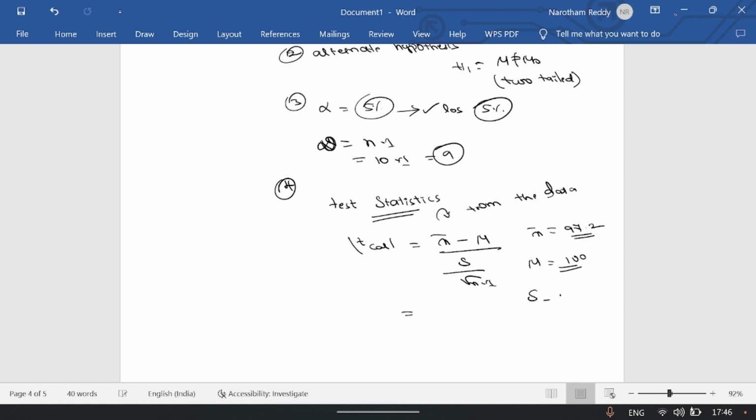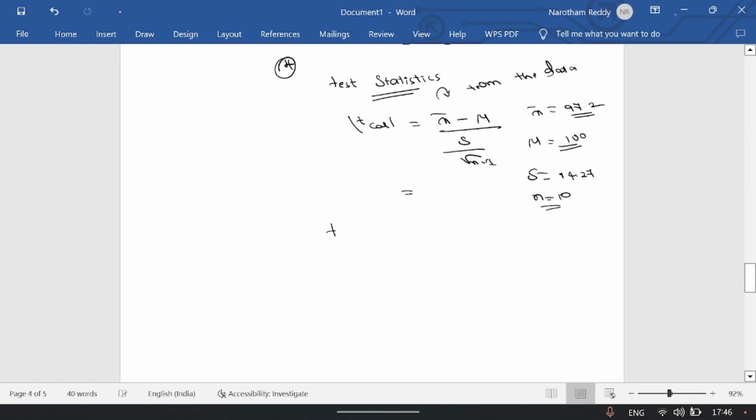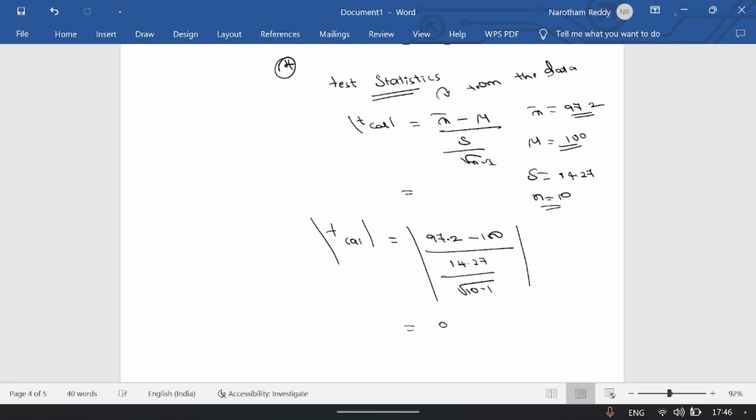Standard deviation we found as 14.27, n equals 10. By substituting those values, T calculated modulus of 97.2 minus 100 by 14.27 by under root 10 minus 1, modulus, we get 0.58.